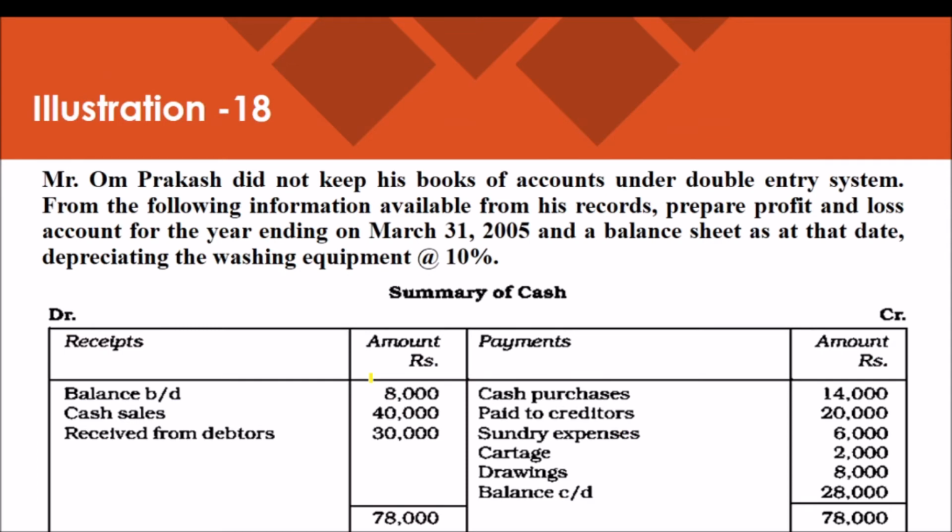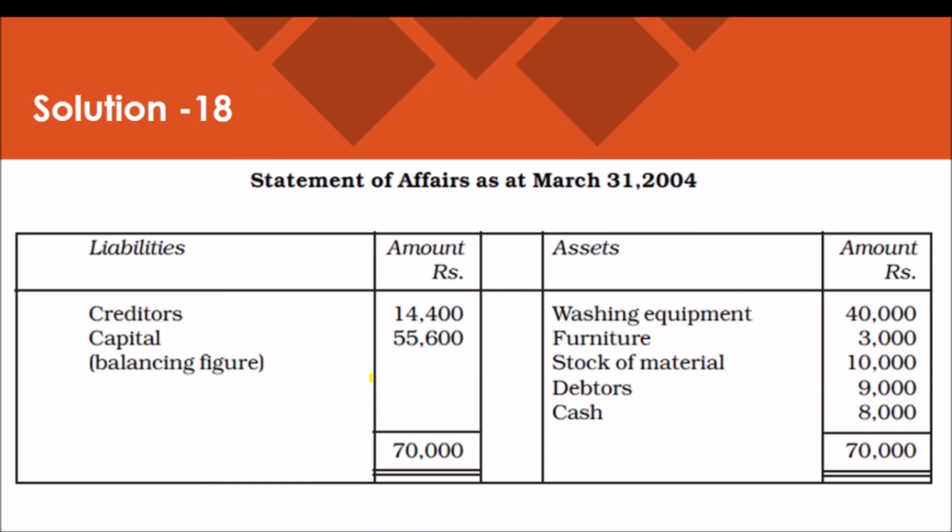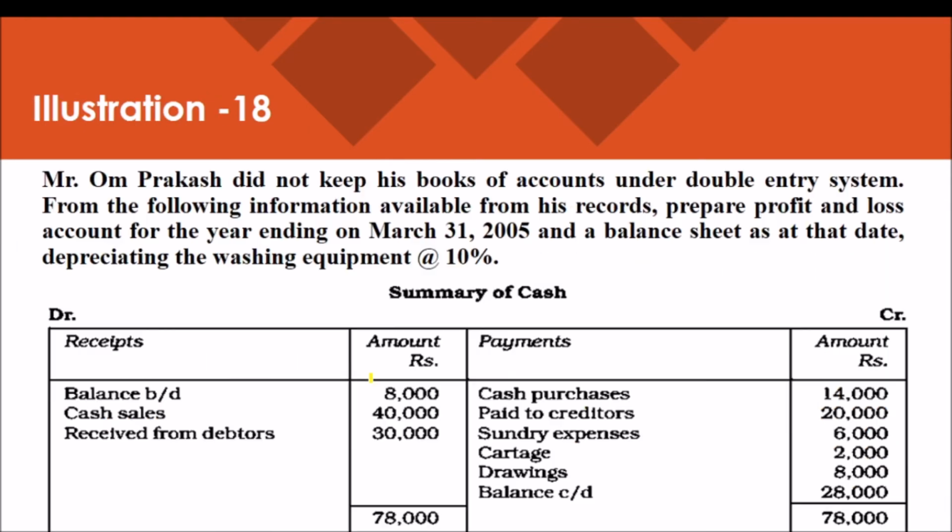So all these things are prepared to find out the values of missing items like debtors, creditors, and so on. My dear students, we are going to prepare a full final account using this question.